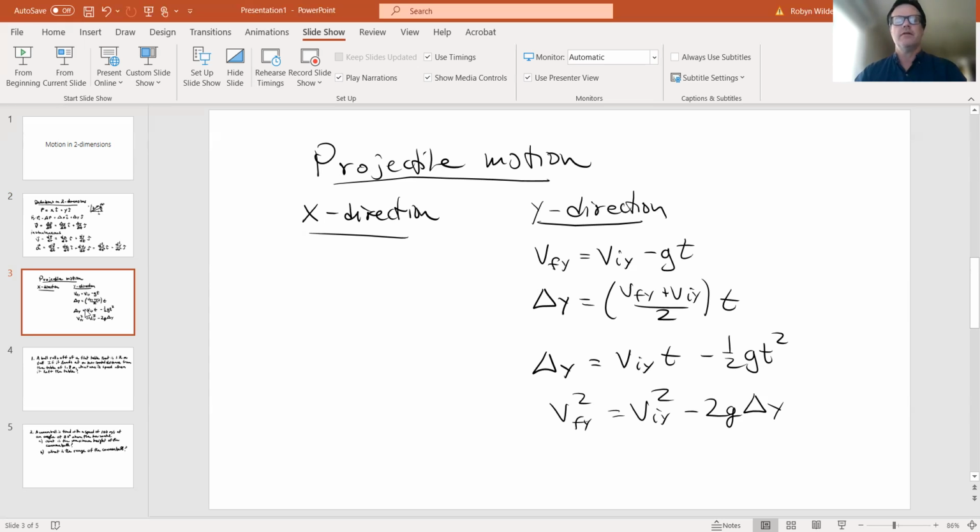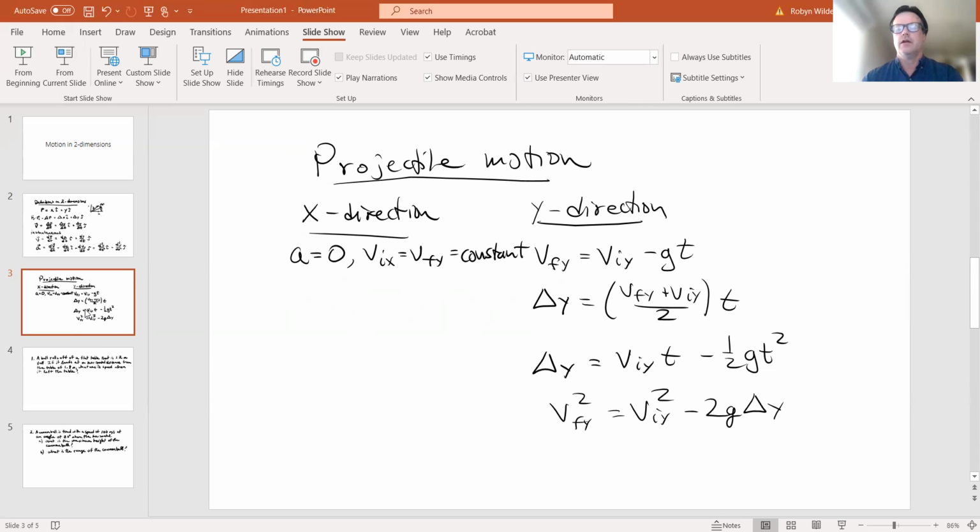So if our acceleration is equal to 0, then our x component of velocity, initial, is going to equal our final. It's equal to a constant.